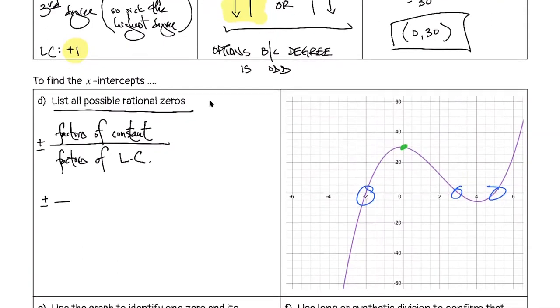So for this particular problem, my leading coefficient is 1. So the only way I can make 1 is just 1 times 1. That one's not very exciting, okay? But how can I make 30? Give me pairs of numbers that multiply to make 30. All right, so we've got a 3 and 10. Good. What else? 2 and 15.